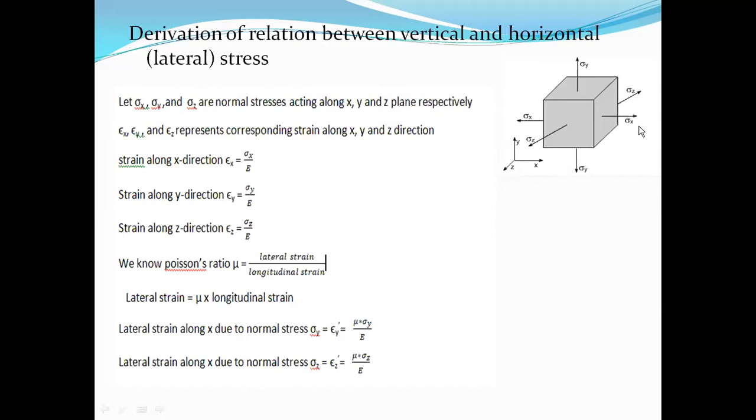Sigma x is the normal stress acting along x-axis, sigma y is the normal stress acting along the y-axis, and sigma z is the normal stress acting along the z-axis. So these are the different normal stresses. Look here. We need to derive the relation between the vertical and horizontal strain to the lateral strain in different directions.